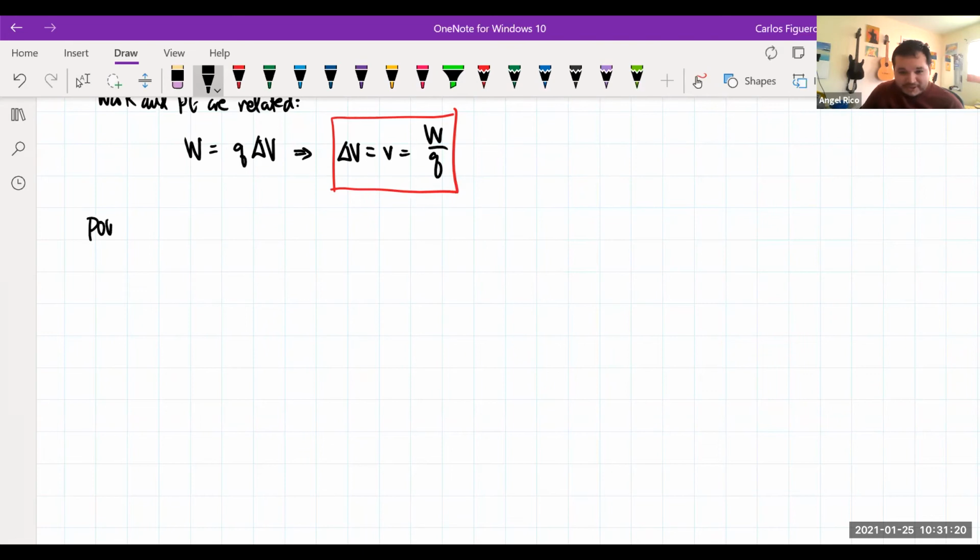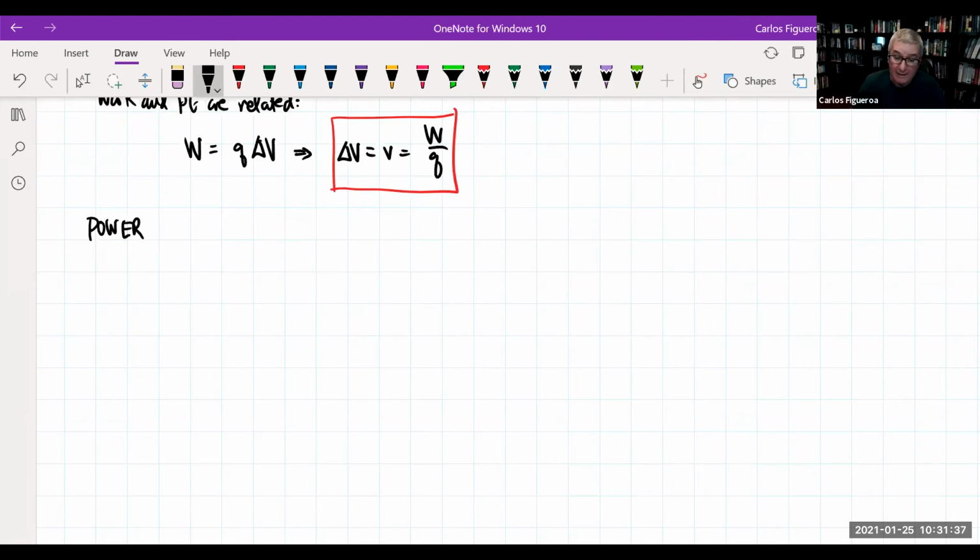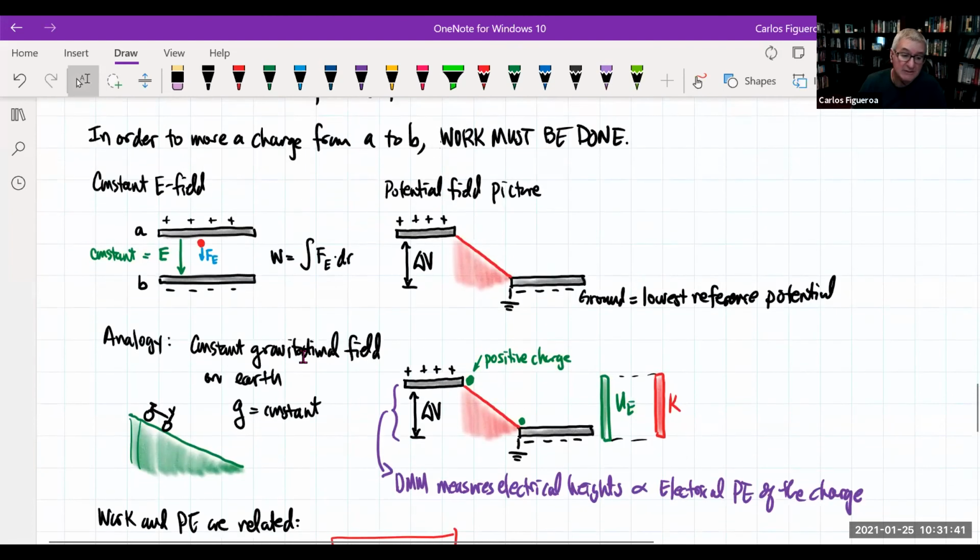Wait, Carlos, there's a question that was asked in the chat. For the picture of the voltage with the ramp, does it matter whether that ramp goes to the top of the bottom plate or to the bottom of the bottom plate? It does. Let's think about this.